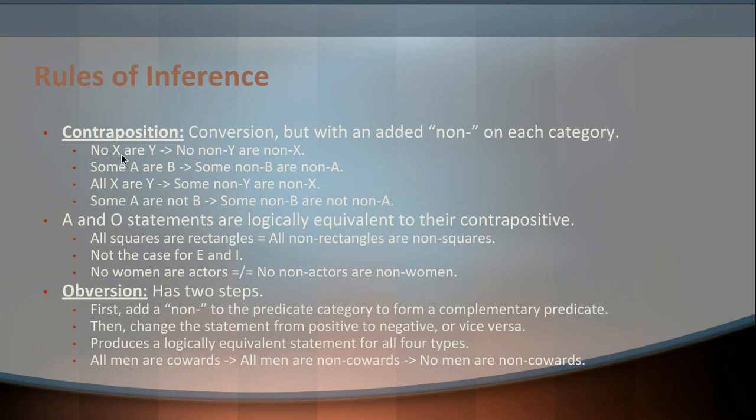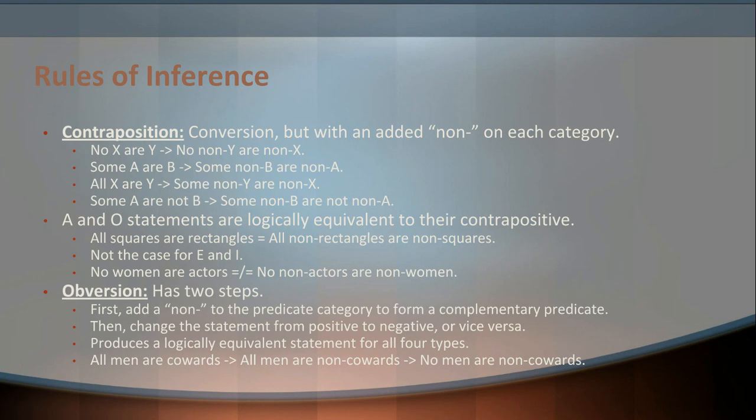So no x are y becomes no non y are non x. Similarly, if we want to work with the particular affirmative, some A are B becomes some non B are non A. All X are Y, and so on. That one's actually a mistake. That should be an all in both places.